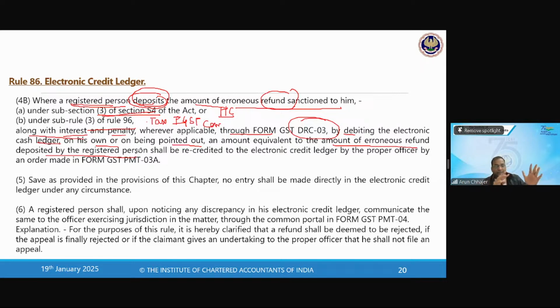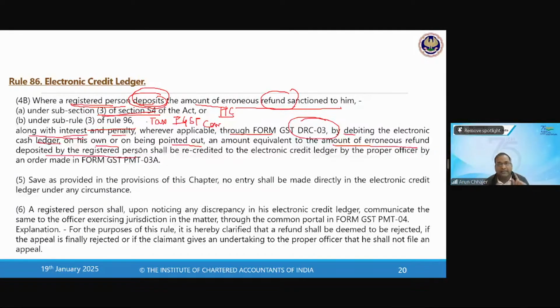Now, try to understand, sir. I have ITC of 1 lakh rupees. I have applied for a refund of 1 lakh. The department has given the refund of 1 lakh. Matter closed. Now it is found that the refund should have been for 90,000 only.